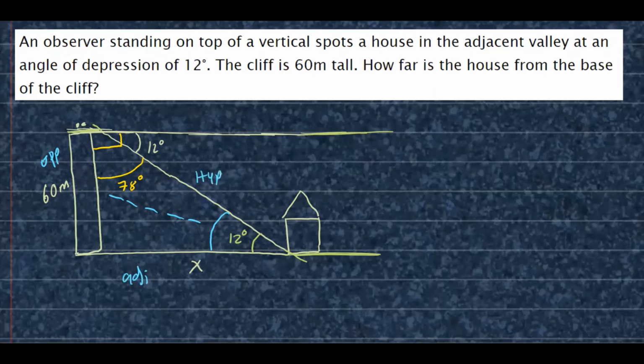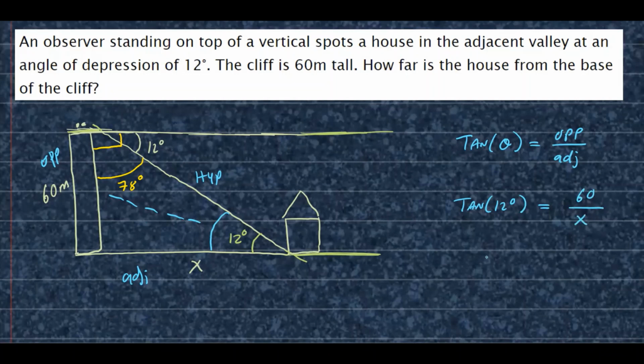So in this picture, we want to relate opposite and adjacent. So we know that tangent of an angle is defined as opposite over adjacent. So therefore, we have an angle that's 12 degrees. So tangent of 12 degrees is opposite, 60, over x.